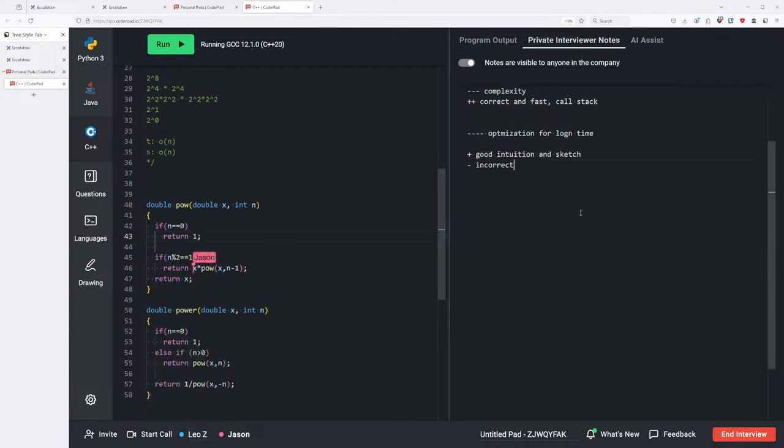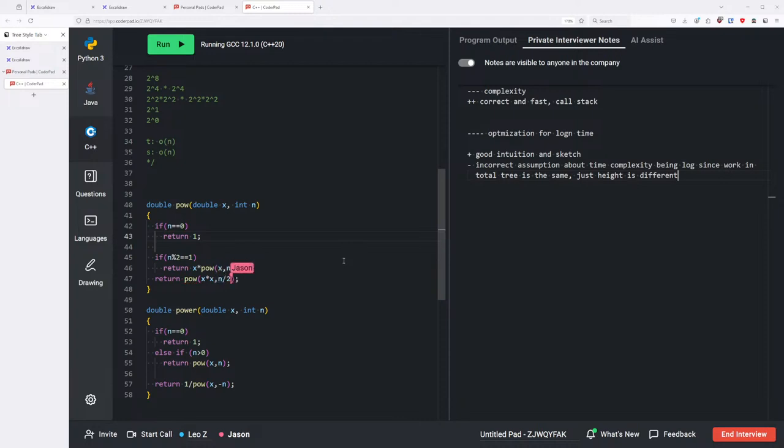And then for the other case, if n is even, then what did we say we do? We would cut down the exponent by half, but then we would multiply the base together. So it would be x times x, and n divided by 2.